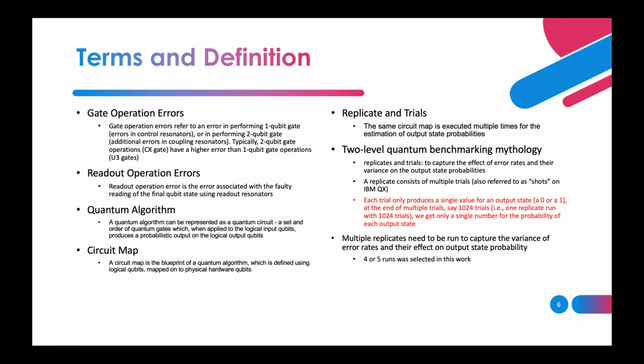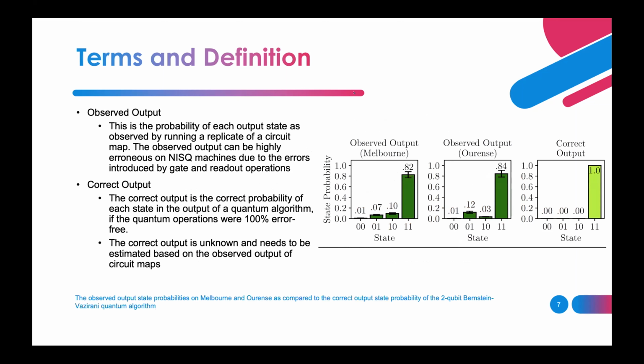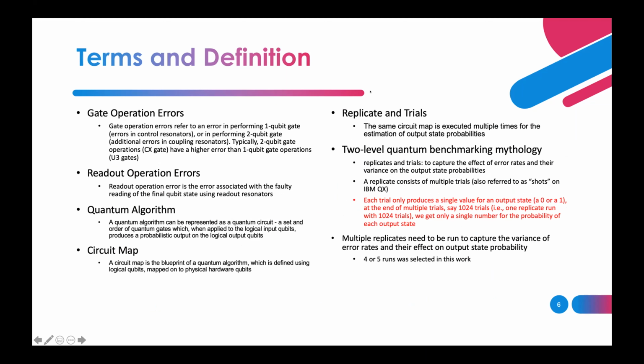Replication and trials is how many times you want to run that circuit map on quantum hardware. There are two levels of quantum benchmarking method. One of them is replication and trials.